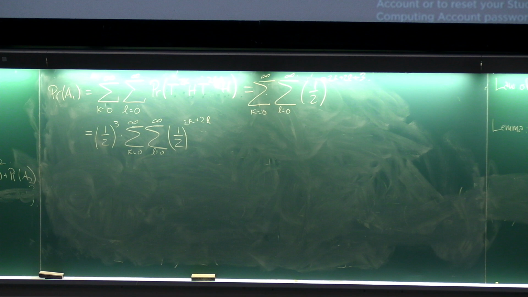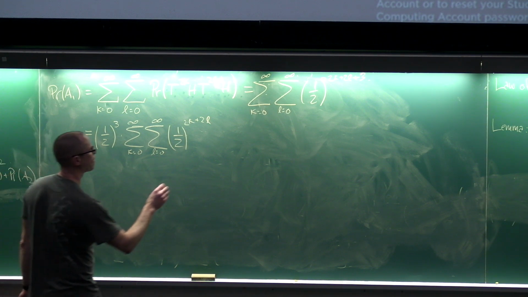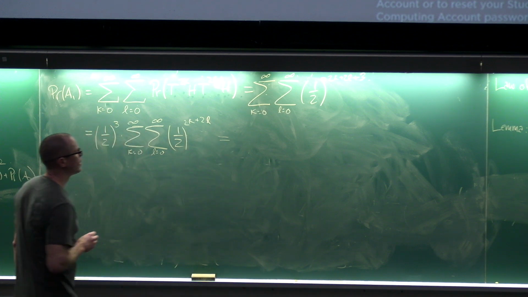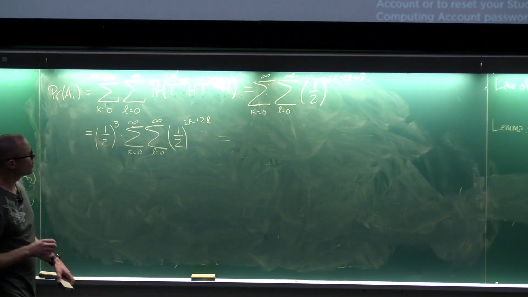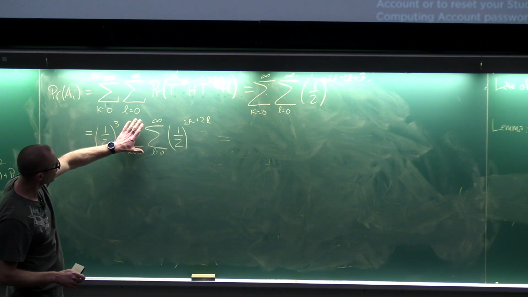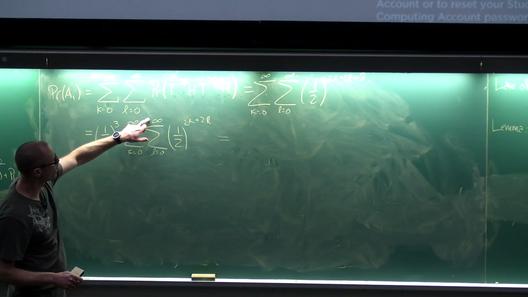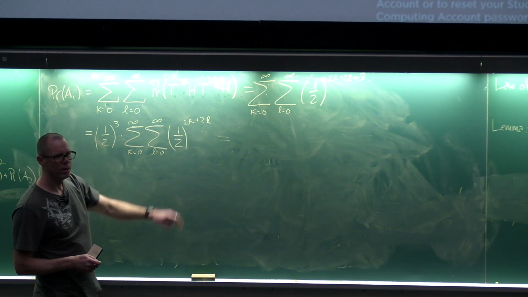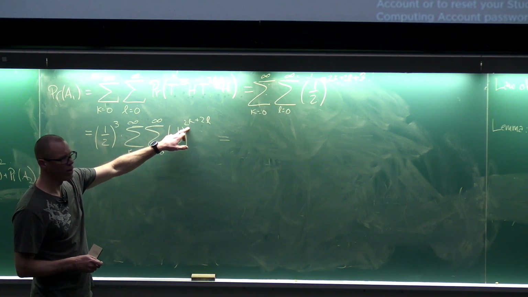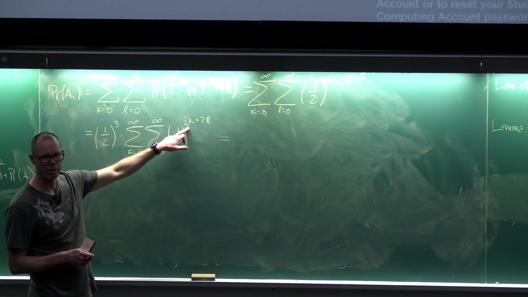So far, so good. All right. Now, I'll just focus on the inner bit here. I have an index variable running from 0 to infinity. That I like. It's showing up in an exponent, but there's this other annoying thing that's also in the exponent.